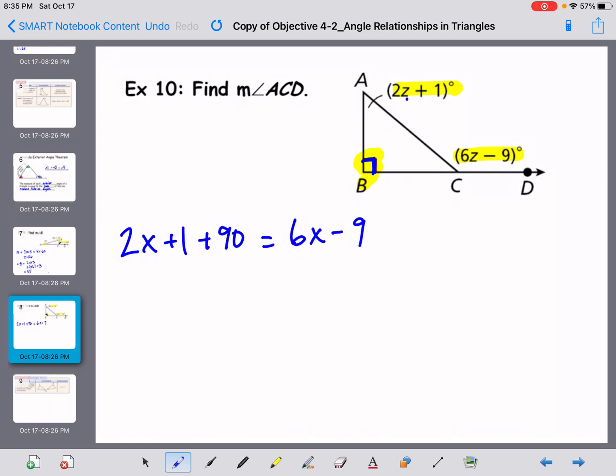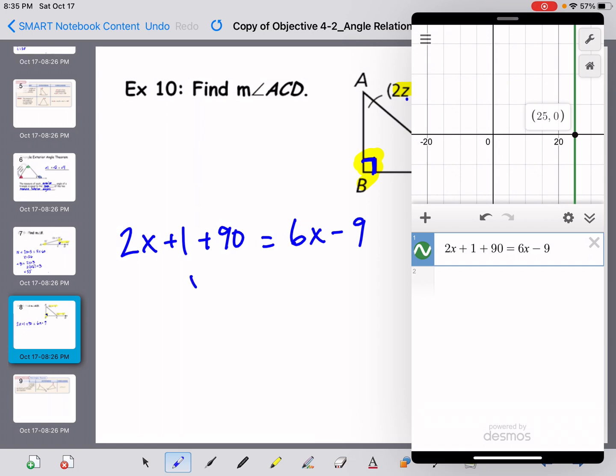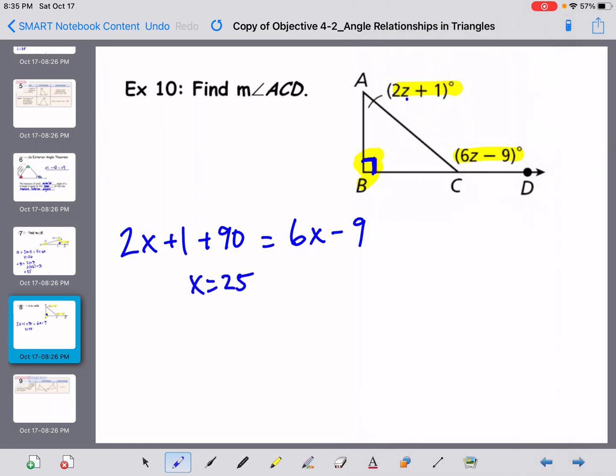So 2x plus 1 plus 90 equals 6x minus 9. So typing this in, my answer, X is 25. All right, X is 25.